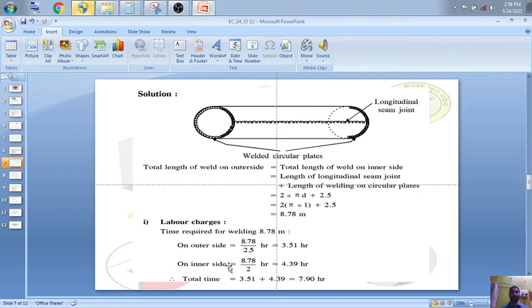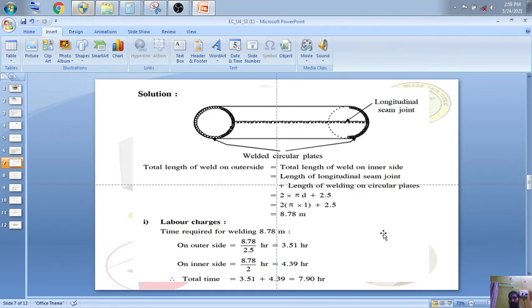Similarly for the inner side, where the speed is lesser, it requires more time. Inside we can weld 2 meter in 1 hour, and our welding length is 8.78, so 8.78 divided by 2 is 4.39 hours required for welding inside. This is nothing but cross multiplication: for 1 hour, 2.5 meter; for x hours, 8.78 meter.